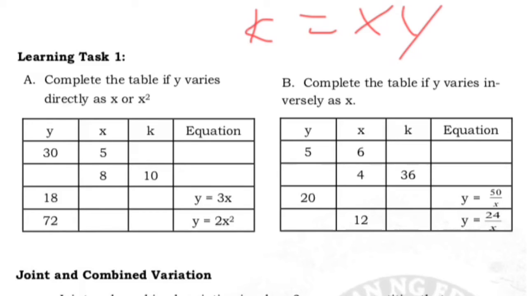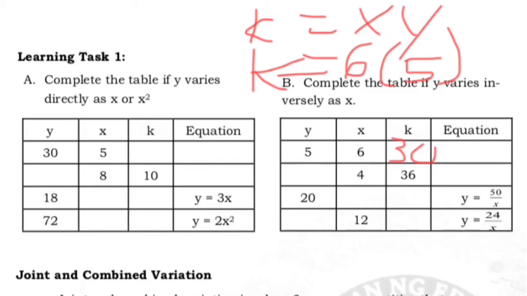So x is 6. So 6 times y, which is 5. So 6 times 5. Therefore, our constant here is 30.